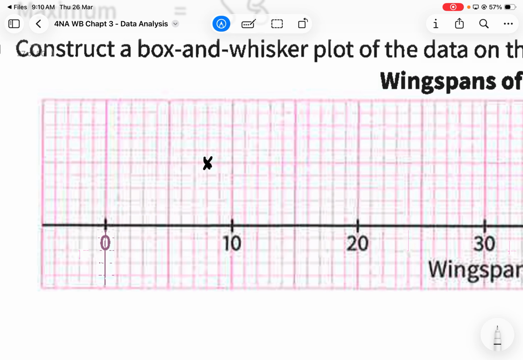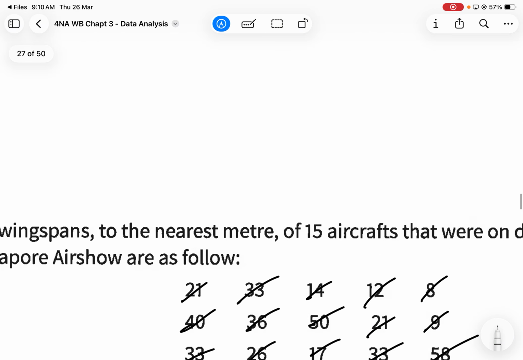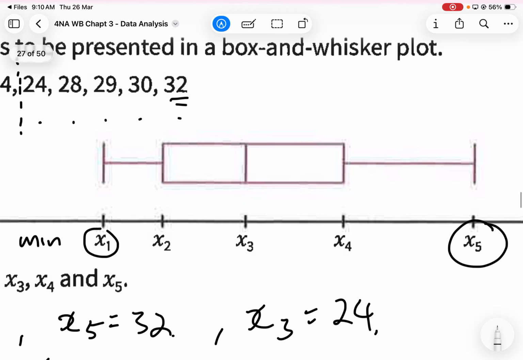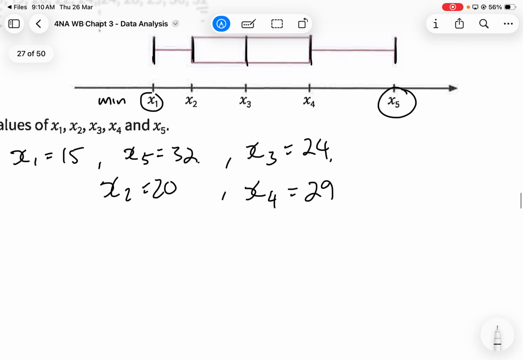Okay? Then draw like that. The minimum is just one straight line. If you remember your box and whisker diagram, we looked at just now how they draw. Then we go to Q1 and draw a straight line, go to Q2 draw a straight line, go to Q3 draw a straight line, go to maximum draw a straight line.